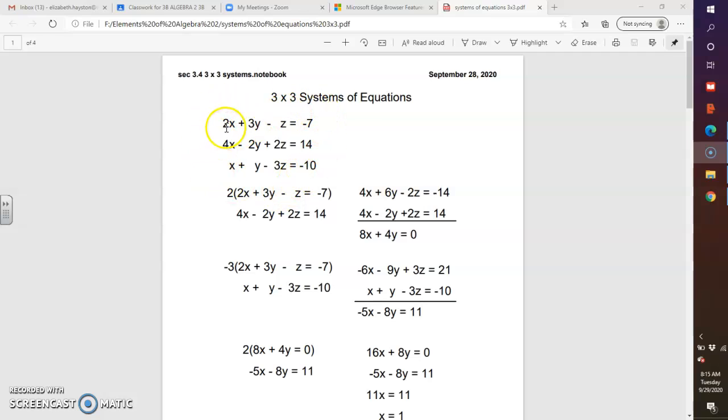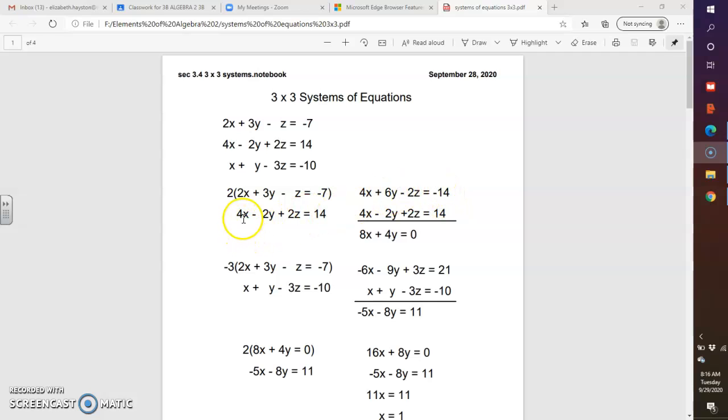What I like to do is take the first and second equation, and then the first and third equation, and eliminate the same variable. It is important that each time you do this, you eliminate the same variable. Based on the first two equations, I think z is the easiest thing to eliminate. If I multiply the top equation by 2, I get 4x plus 6y minus 2z equals negative 14.